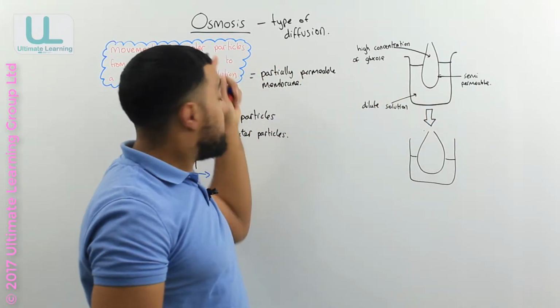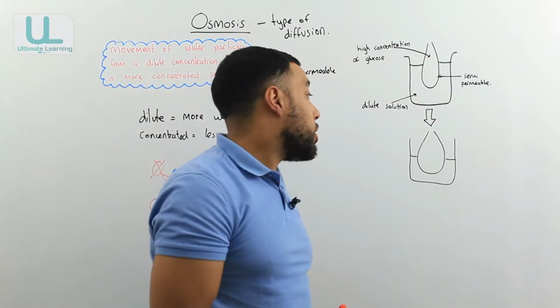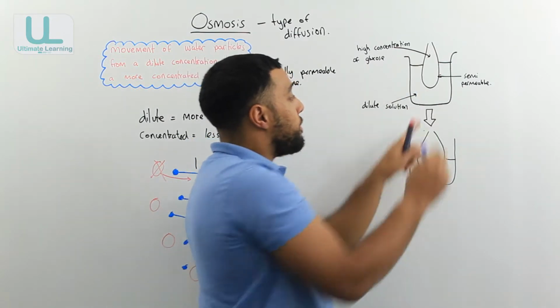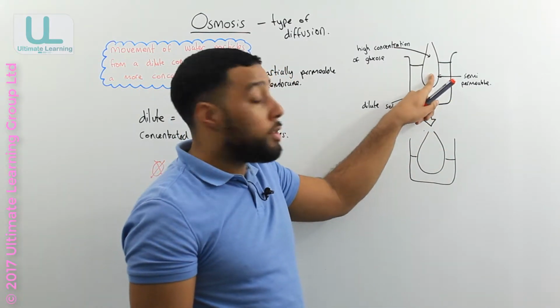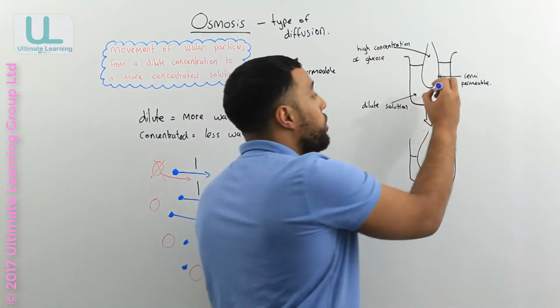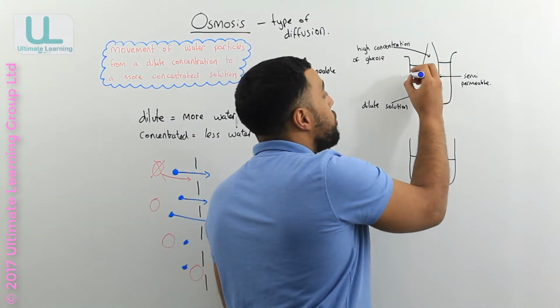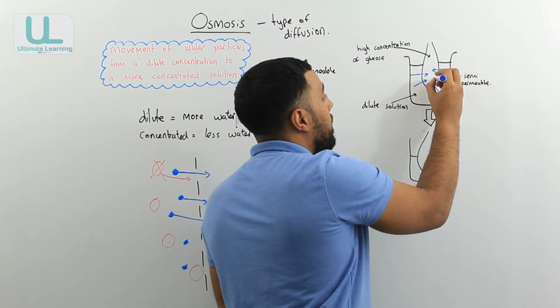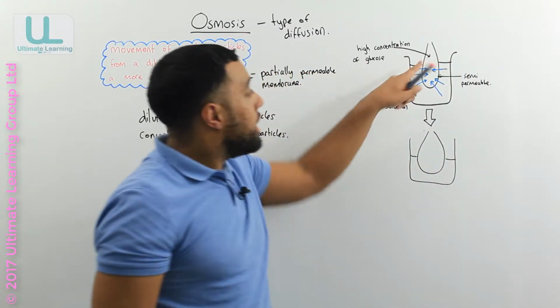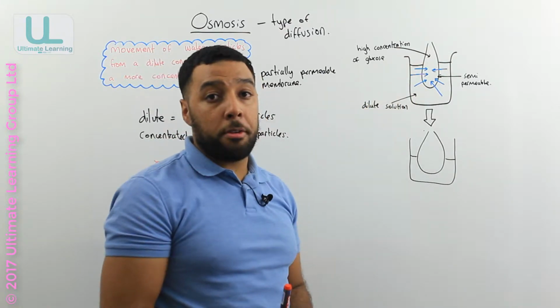From our definition, you guys should know that the water will move from where there's a lot, from where it's dilute, to where it's concentrated. So all the water will be moving through the semi-permeable membrane and going into this tubing.